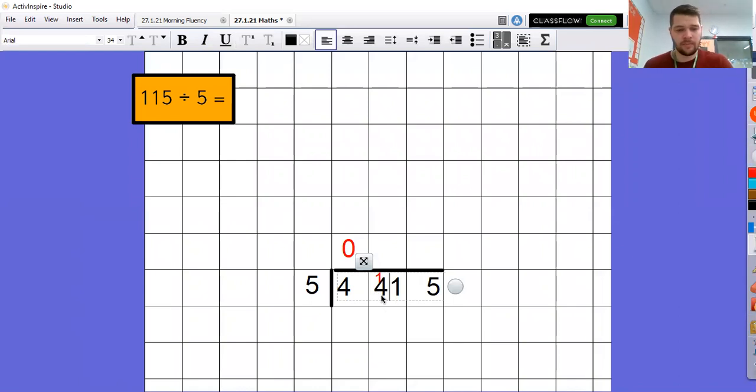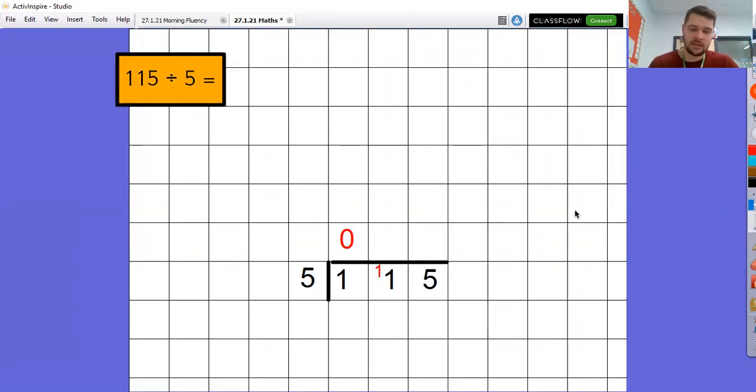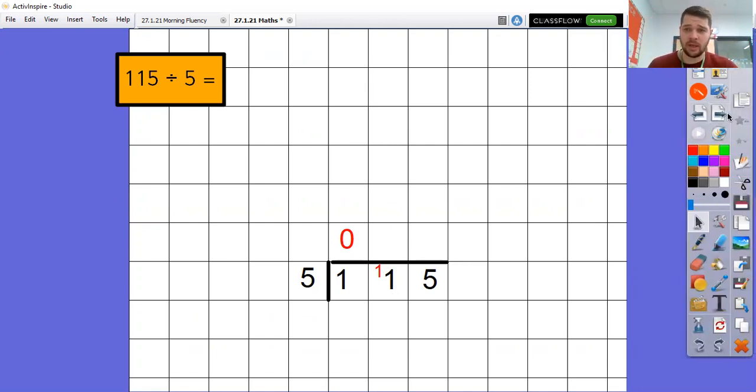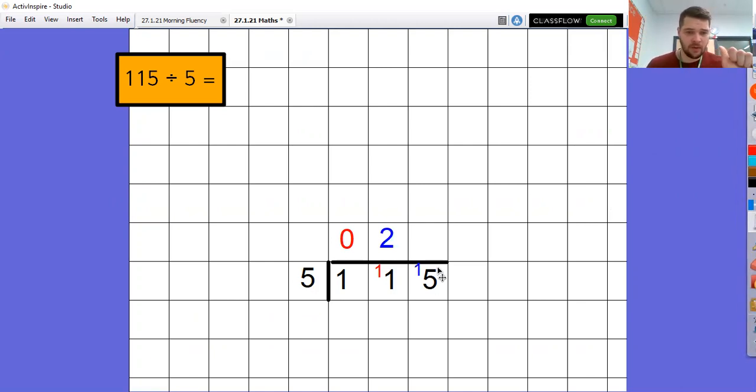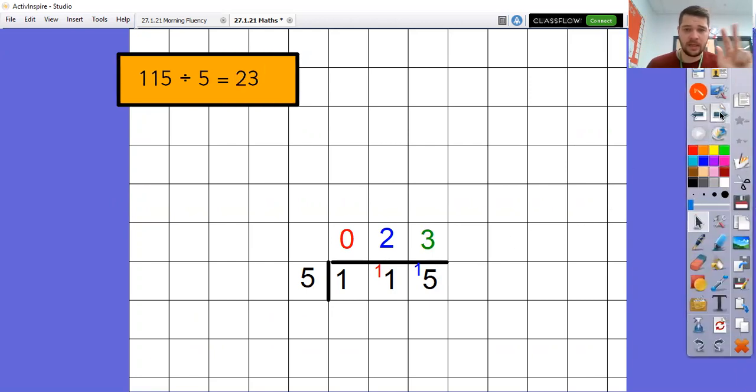Okay? Let's try and move that back. Perfect. So now, how many 5s go into 11? 5, 10, 15's too many. 5, 10. So 2 5s, and I've got 1 left over. So 2, remainder 1. How many 5s go into 15? 5, 10, 15, 3. So 115 divided by 5 equals 23.